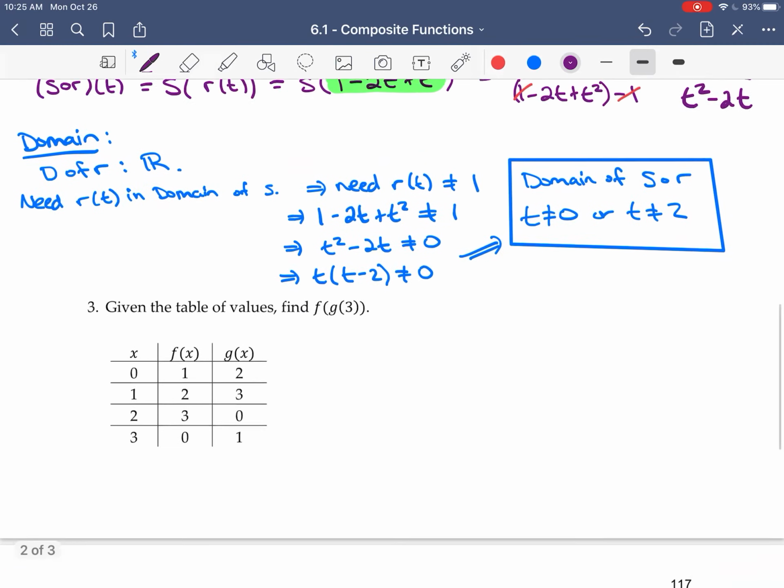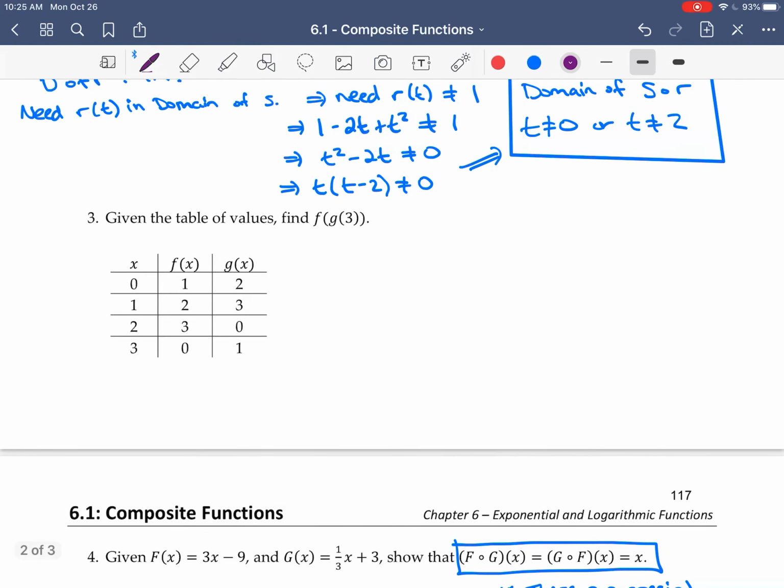So here I have a table and I want f of g of 3. Okay, so the first thing I want to do is find g of 3. So what that means is it's the y value when x equals 3.